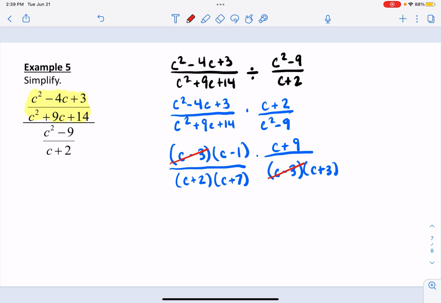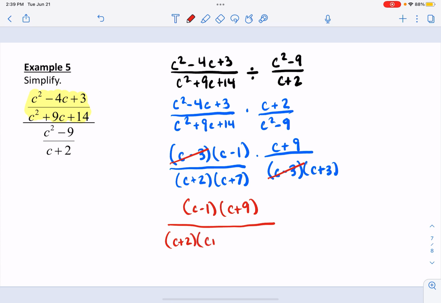Okay, so I have a c minus 1, c plus 9, all over a c plus 2, times a c plus 7, times a c plus 3. Okay, and that is my video on complex fractions.